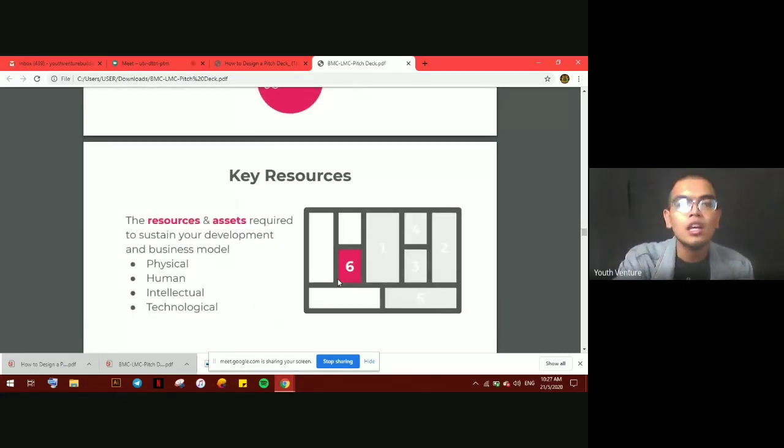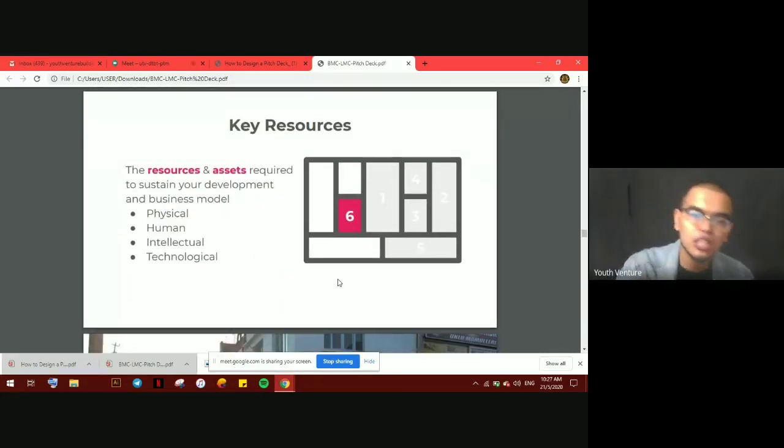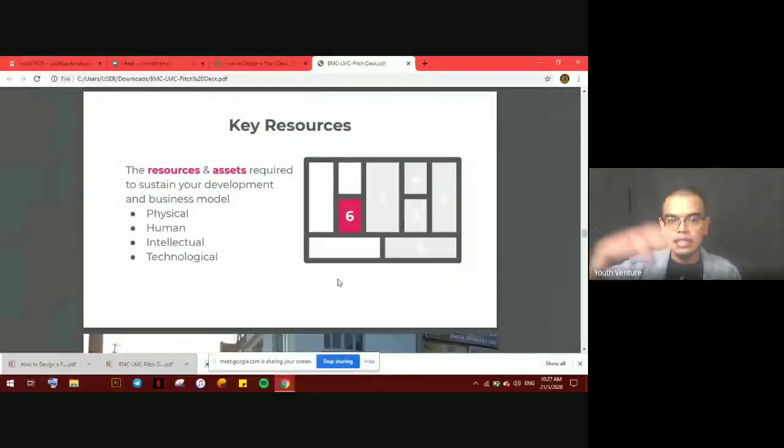So next part is key resources. Part number 6, key resources. So key resources are the resources and assets that are required to sustain the development of your business. One of the key things for key resources is it is not an organization, it is not an external party, it is being used internally.